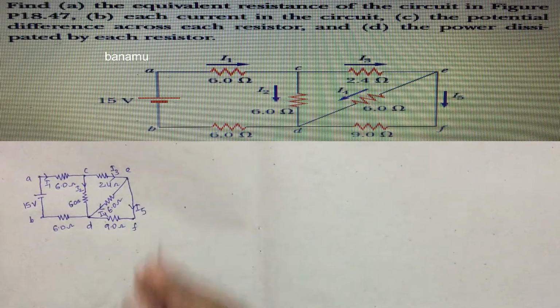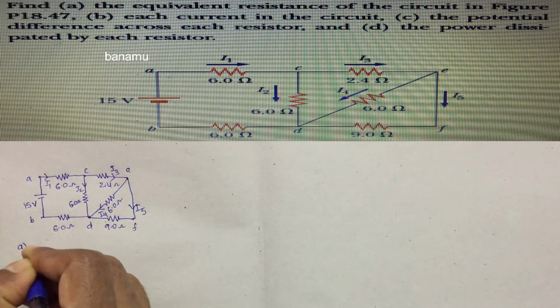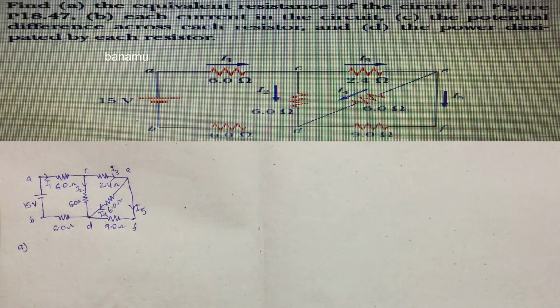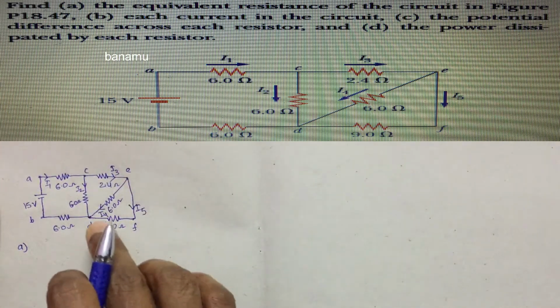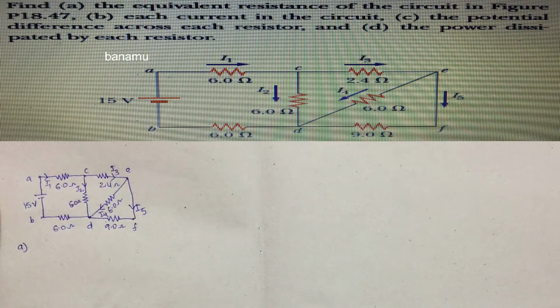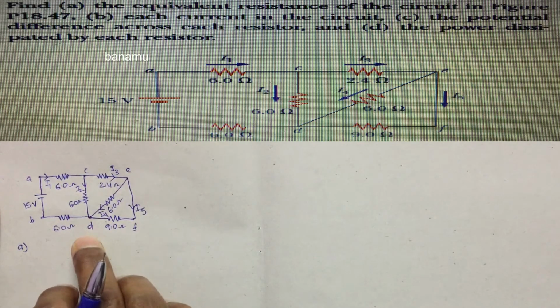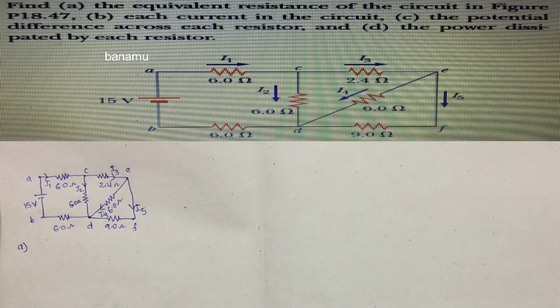First of all, we can calculate the equivalent resistance in the circuit. So, this is part A. The resistance between E and D is 6 ohms and another is 9 ohms, both connected in parallel to each other. The reciprocal of the equivalent resistance R_ED in a parallel circuit is equal to the sum of the reciprocals of the individual resistances.